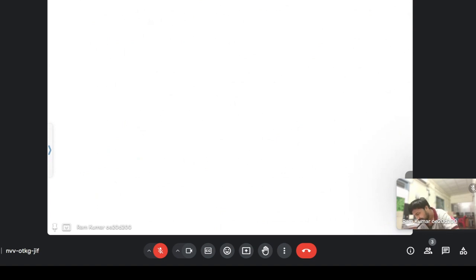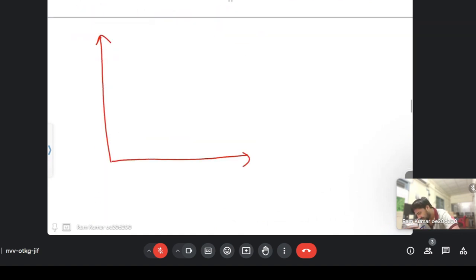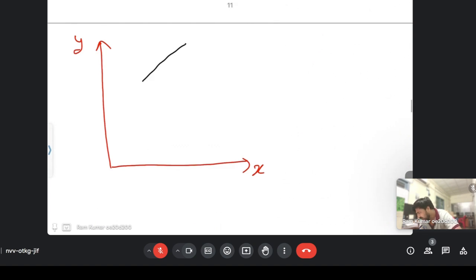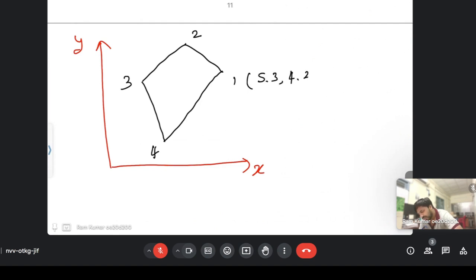This is our 4-node element, with nodes 1, 2, 3, 4. Node 1 has coordinates 5.3, 4.2.